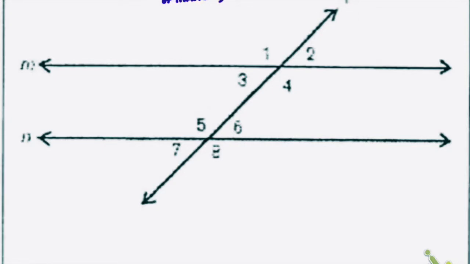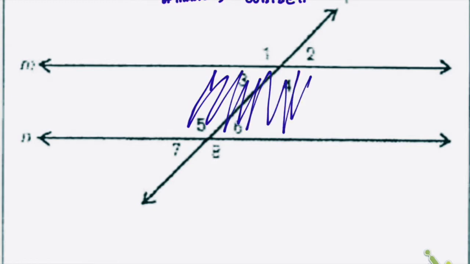And exterior is going to be on the outside of the parallel lines. So if we're talking about outside the parallel lines, then we are not talking about anything in between the parallel lines. So that rules out 3, 4, 5, and 6.